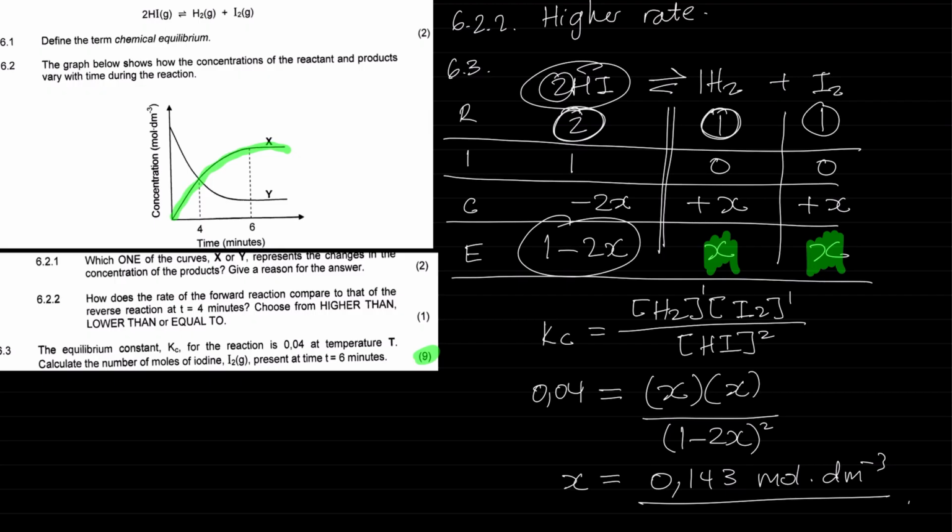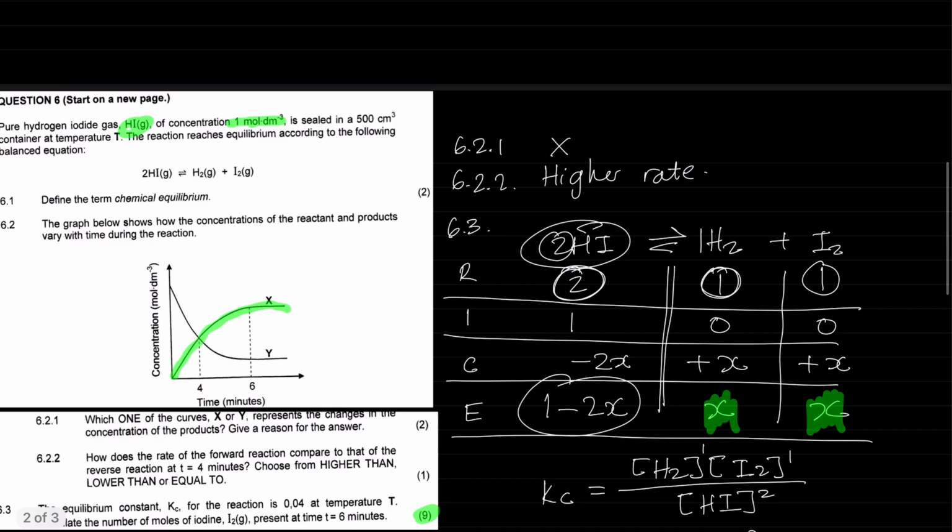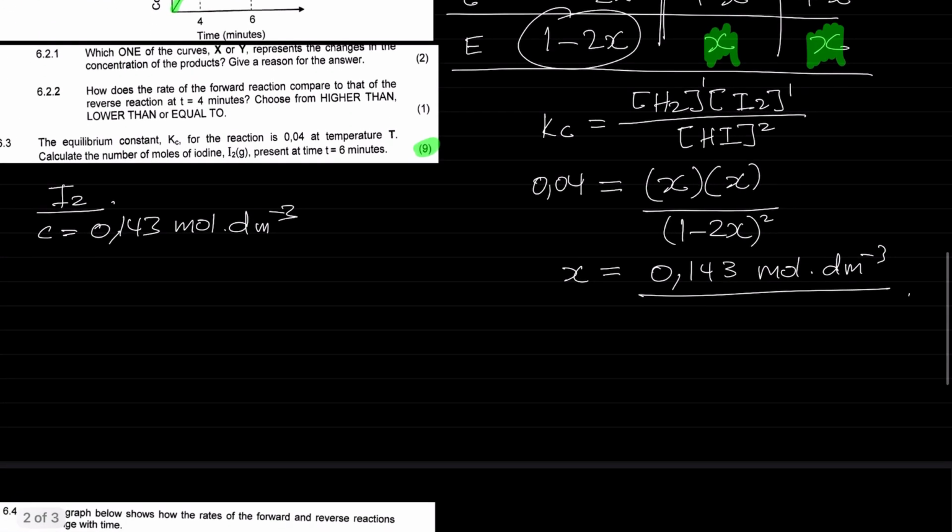Now, the question is asking, calculate the number of moles of iodine. All right, so at equilibrium for iodine, we know the concentration, 0,143 moles per dm cubed. Then they tell us the volume of the container at the beginning. The volume of the container is 0,5, so volume is 0,5 dm cubed.